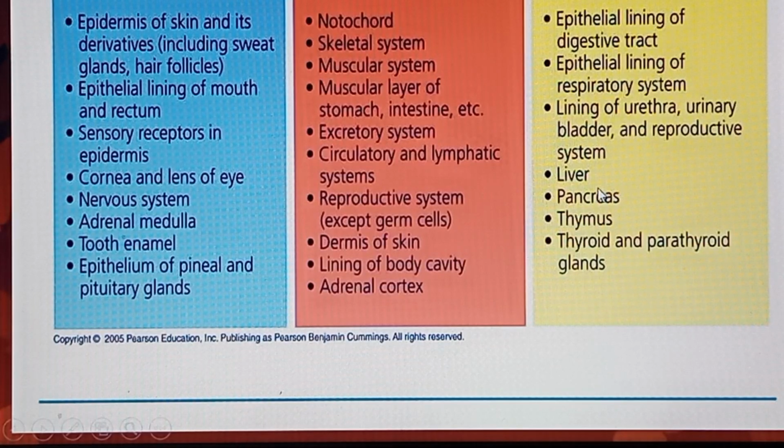All these things are coming from the foregut only: the liver, the pancreas, the thymus. Then we talk about the thyroid gland together with of course the parafollicular cells, talk about the parathyroid glands. Now all these things will be from of course the endoderm. They will be endodermal in origin. So that is what we find.